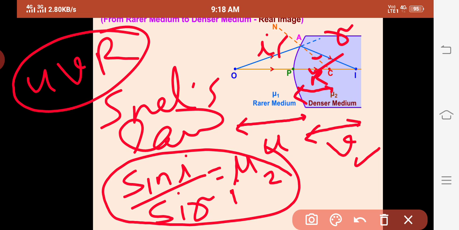So it is very difficult to find the values of these angles. To find these values, we have to suppose some angles which can be measured. So let us suppose this angle as alpha, this angle as beta, and this angle as gamma.